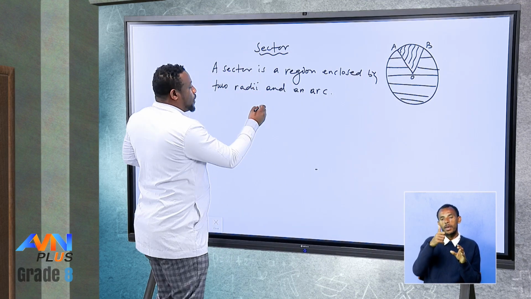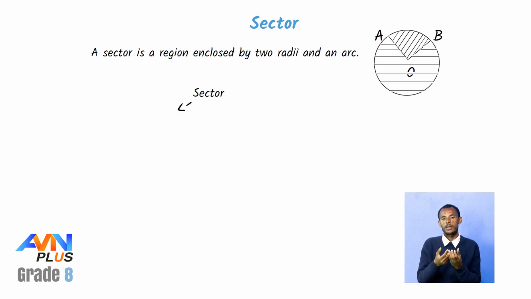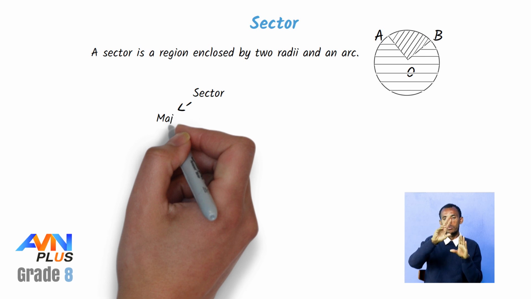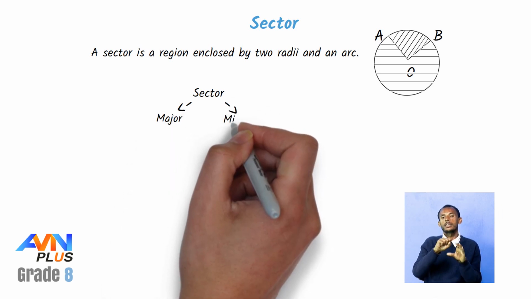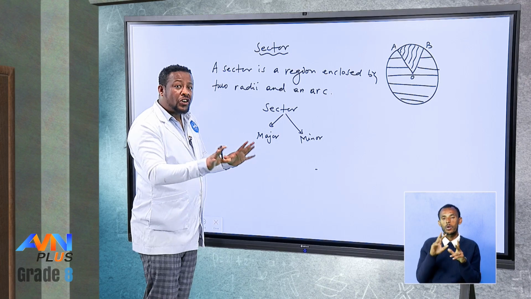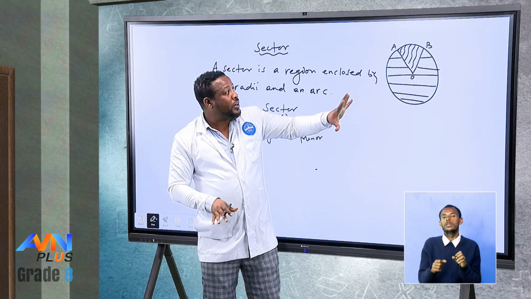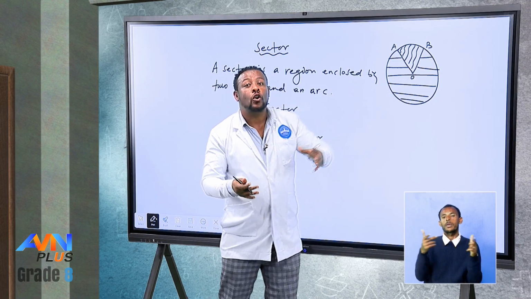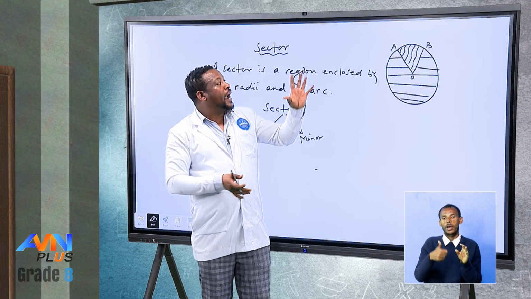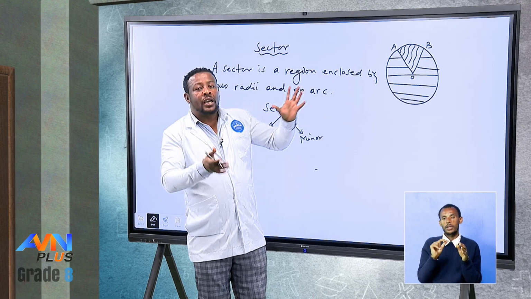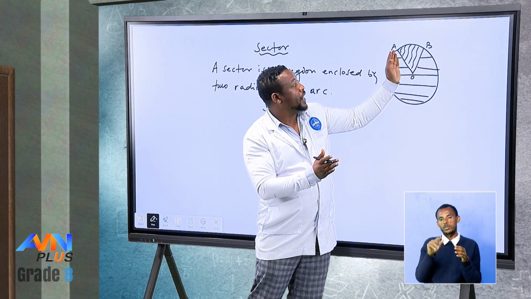So now, based on this situation, we classify sector as major sector and minor sector. Okay, we call it major and minor. The major sector is the big portion of a circle enclosed by two radii and an arc, and a minor sector is a smaller region enclosed by two radii and an arc.